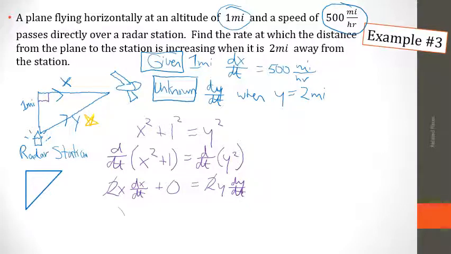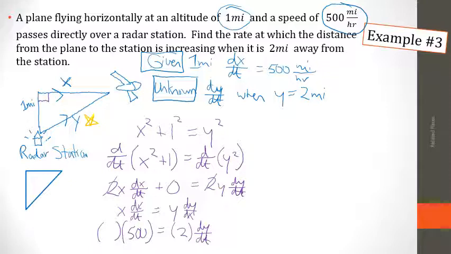So I get x dx dt equals y dy dt. Okay, so we know what dx dt is. It's 500 miles per hour. I don't know what x is. I know y is 2, and I have to solve for dy dt. So I need to figure out x when y is 2.